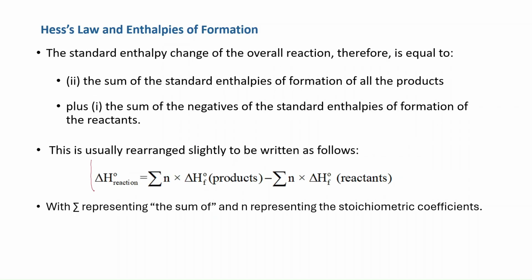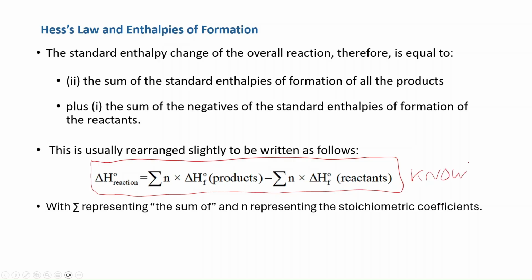This equation rearranges everything in a way that is very easy to remember, because yes, you do need to know this formula. Okay? It says that the change in enthalpy of the reaction is the sum of the enthalpy of formation of the products times the number of moles. Remember, these enthalpies of formation are kilojoules per mole, so you have to multiply times the number of moles, minus the sum of the enthalpy of formation of the reactants, again multiplied times the number of moles.